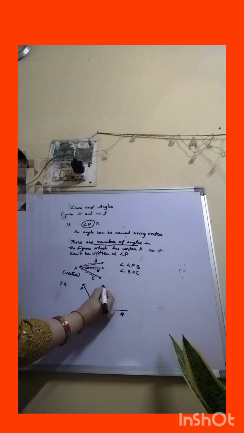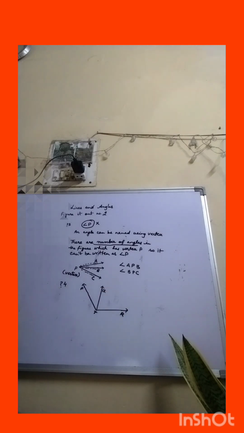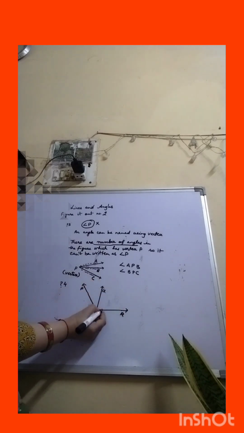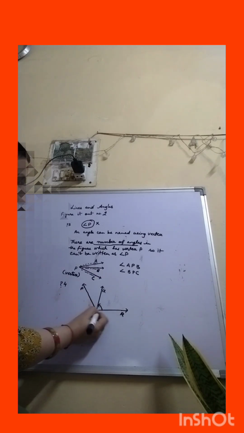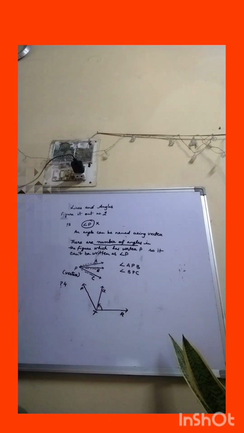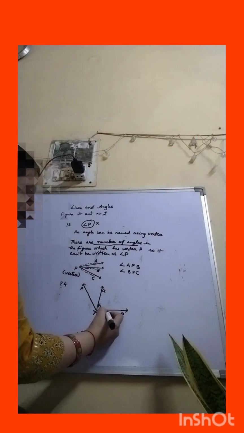First we draw the figure. Now see the marking. One marking is starting from TR and going till the turning or the rotation of angle is from TR to TQ. Okay. So what are my two rays in this case?